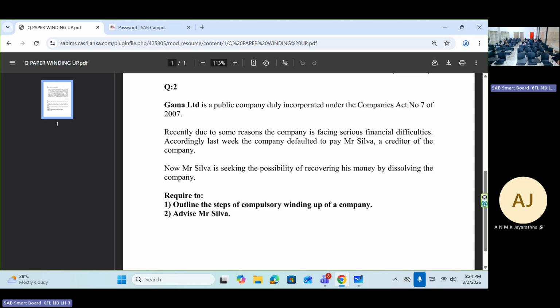Number 3, by virtue of his office, the official receiver will be appointed as the provisional liquidator.